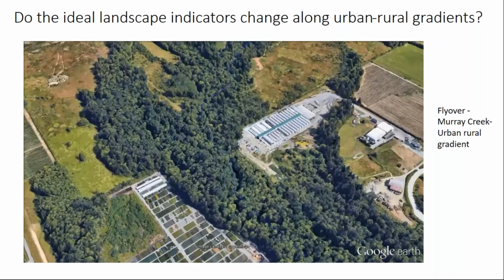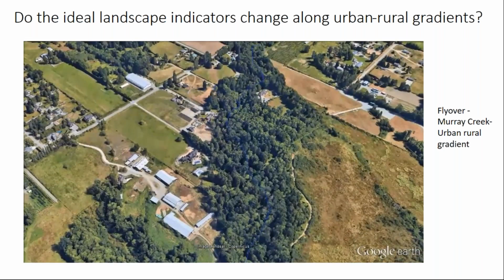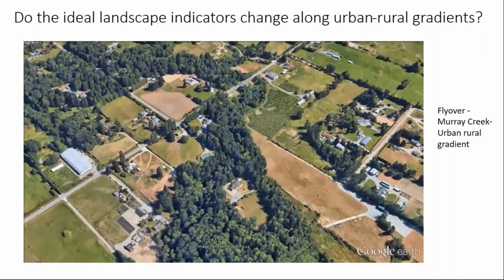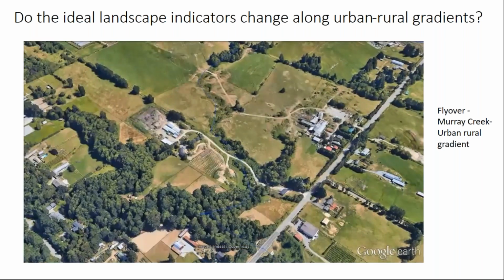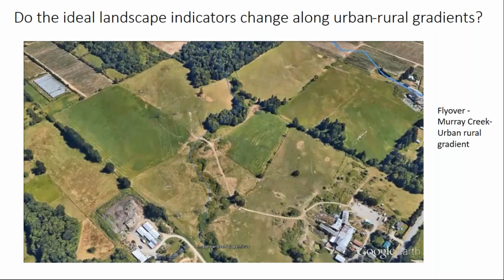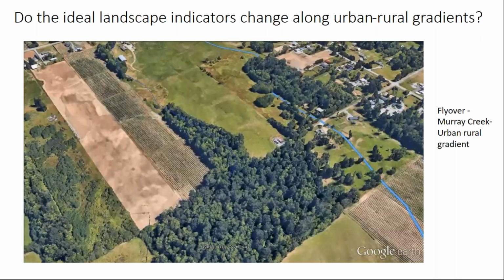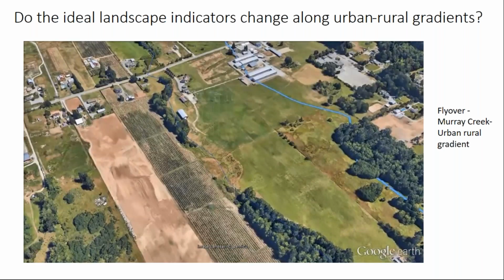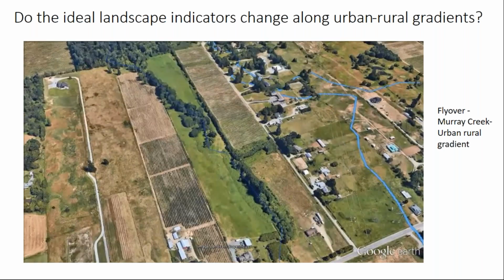And so my current PhD student, Jennifer Wang, is interested in exploring landscape indicators across this gradient, right? It's really likely that the type of landscape indicator that works in an urbanized environment might be quite different than the best landscape indicator that's most useful in an agricultural setting.